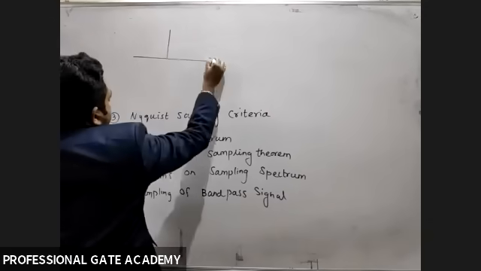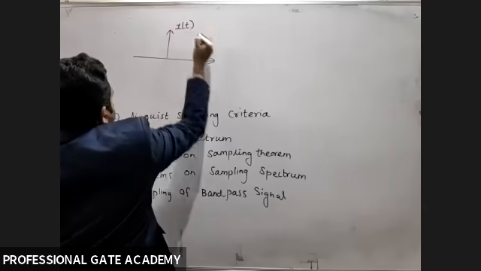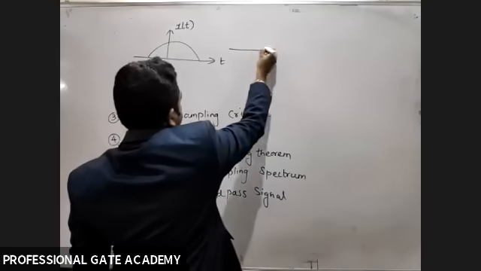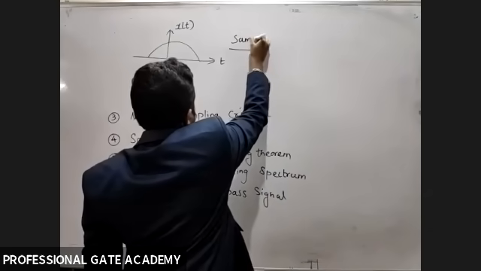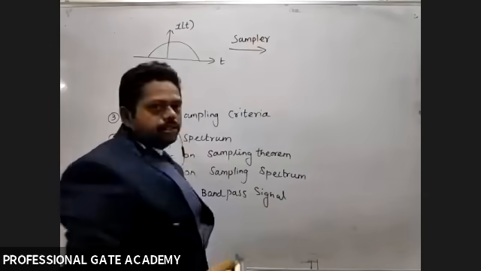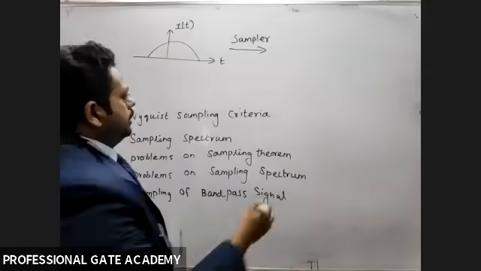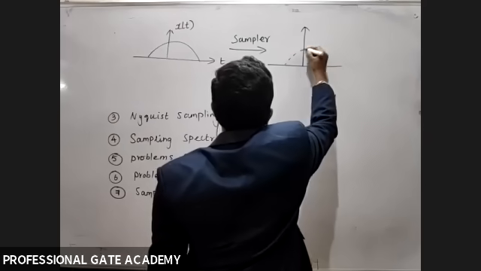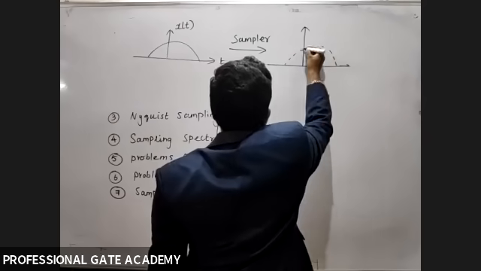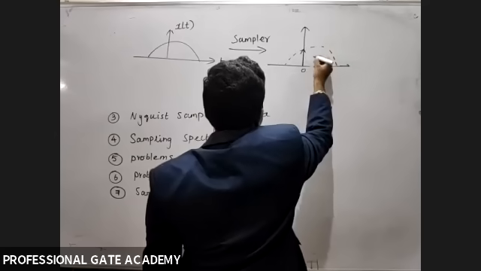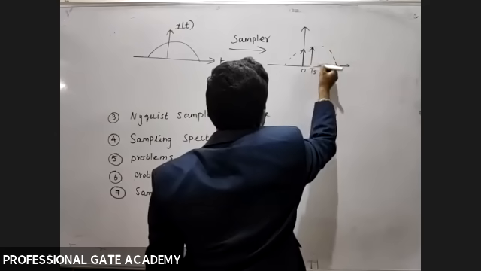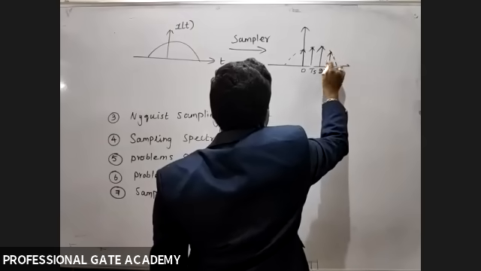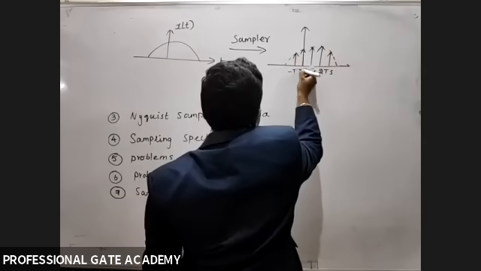Suppose we have a signal x of t, applied to a sampler. How will you get the output of the sampler? Here is one sample at 0, another sample at Ts, another at 2Ts, another at 3Ts, and this one at minus Ts.